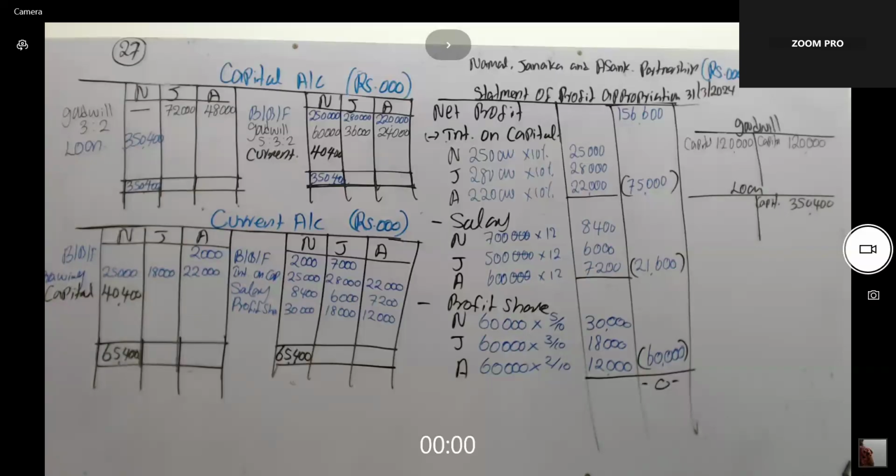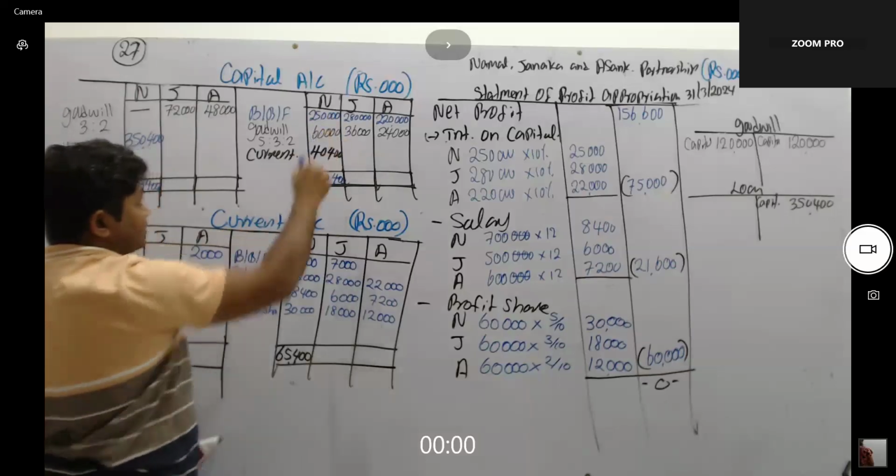After that, other partners' balances should be carried down. Both capital and current account balances are carried down. Calculate the closing balance for the other partners also. Credit side increase, take the same value on the debit side, and the difference value as balance carry down. Other partners, first one, complete the capital accounts.